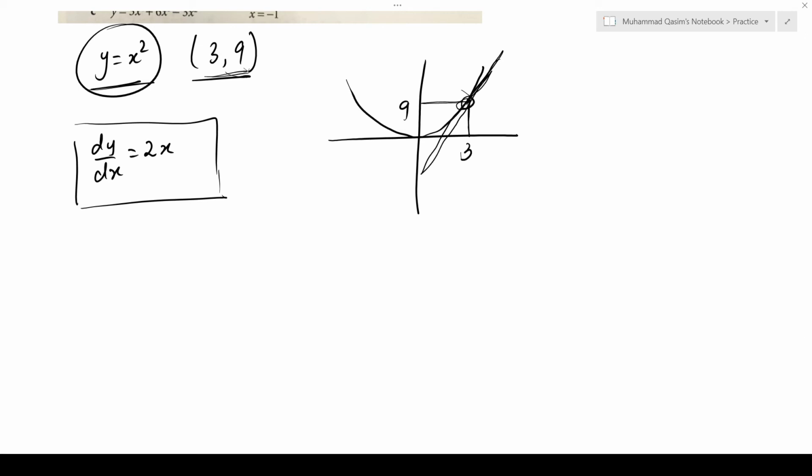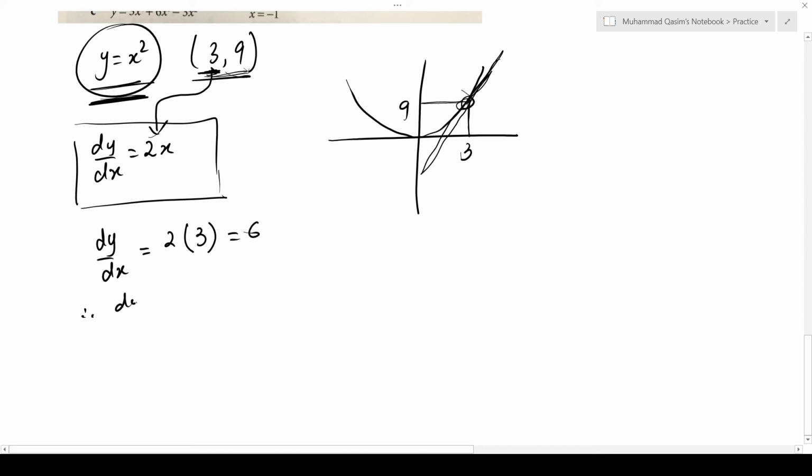Now the question was to find the value of the gradient, the slope on this curve at this point. All I'm going to do is plug in the x coordinate, which is 3, into this equation. So dy by dx equals 2 times 3, which gives me 6.